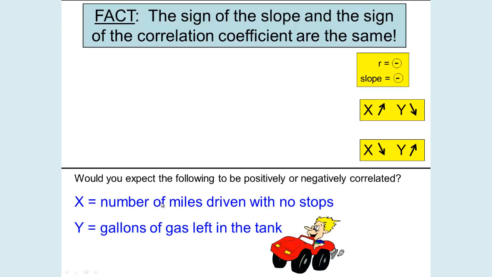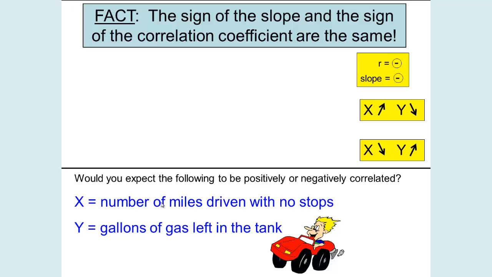Let's look at this example. Would you expect the following to be positively or negatively correlated? X is the number of miles driven with no stops. Y is the gallons of gas left in the tank. So let's imagine X, the number of miles driven with no stop, increasing.